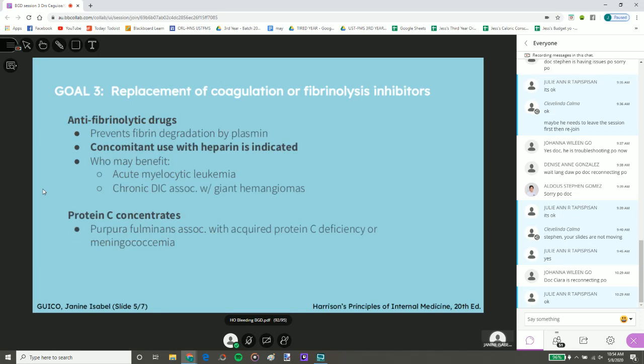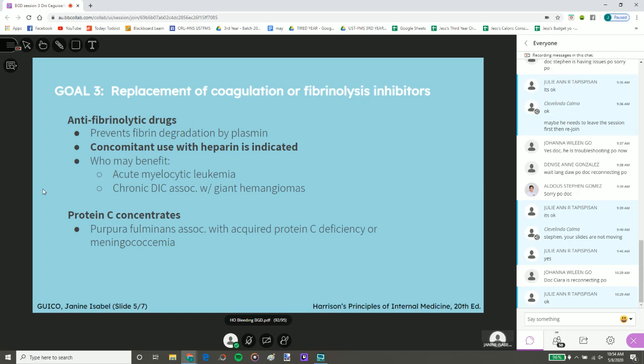Next, antifibrinolytic drugs prevent fibrin degradation by plasmin, and it reduces the bleeding episodes in patients with DIC and confirmed hyperfibrinolysis. Those who may benefit from this are patients who have acute myelocytic leukemia or those with chronic DIC associated with giant hemangiomas. However, even though our patient is presenting with bleeding, as I mentioned earlier, we don't have any laboratory data yet regarding his FDP levels.